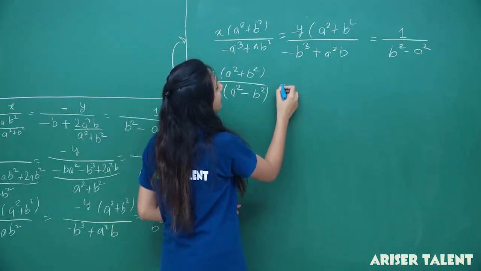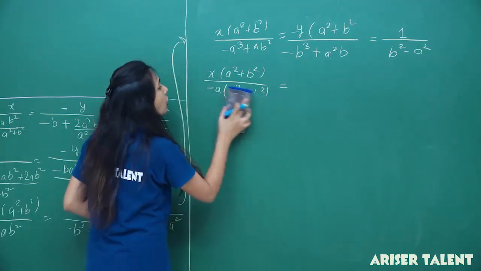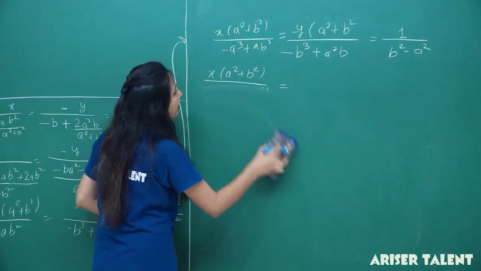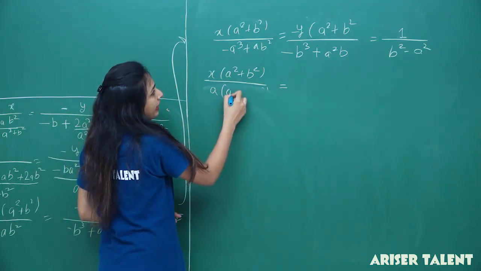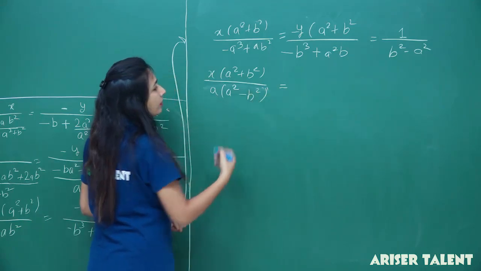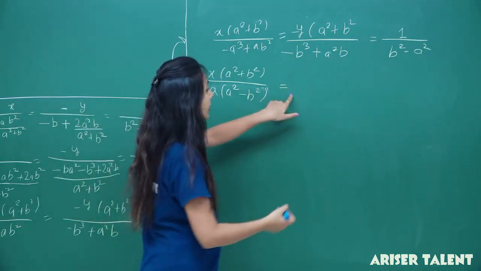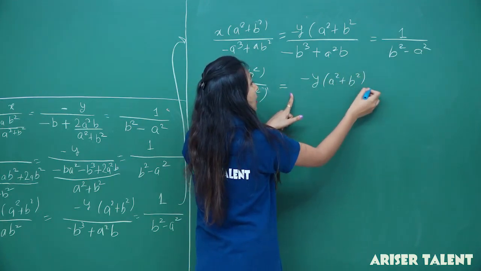Okay. Then, or simply I won't be taking common this. I am just simply will take common a. Okay. So, that will be a square minus b square.